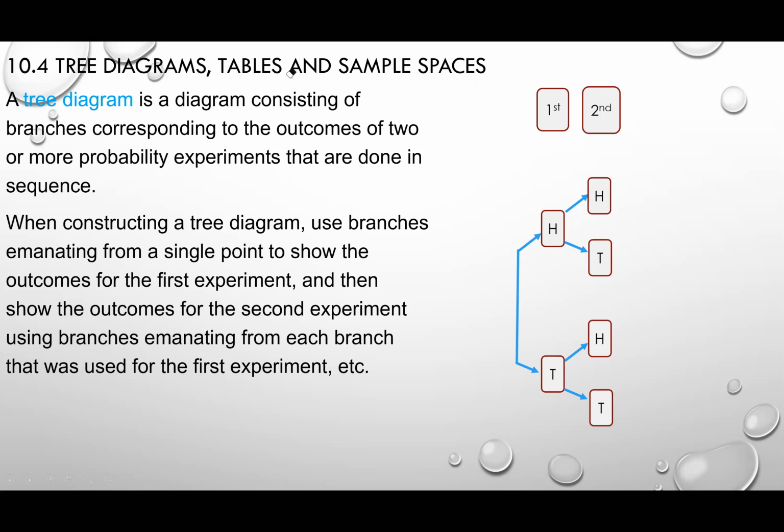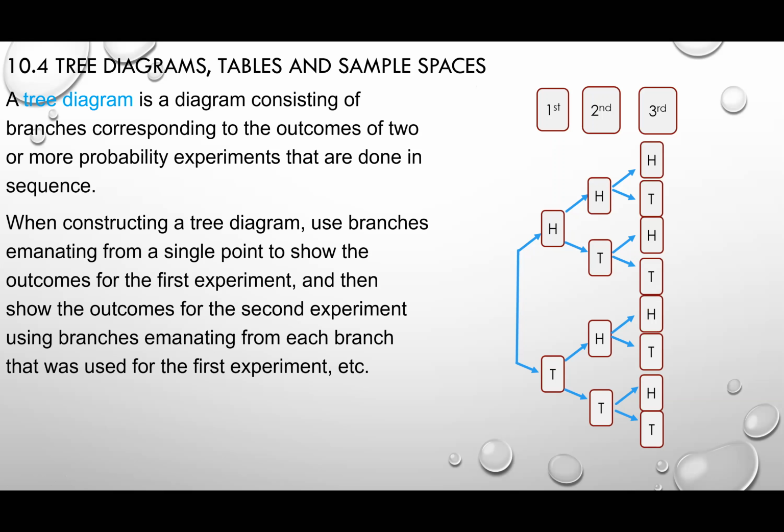And if I flip the third time, I branch it out again, and within each of these I will have either a head or a tail, and vice versa. What does this tree diagram mean? It means that the first time I flip, I have a head, the second time a head, and the third time a head.